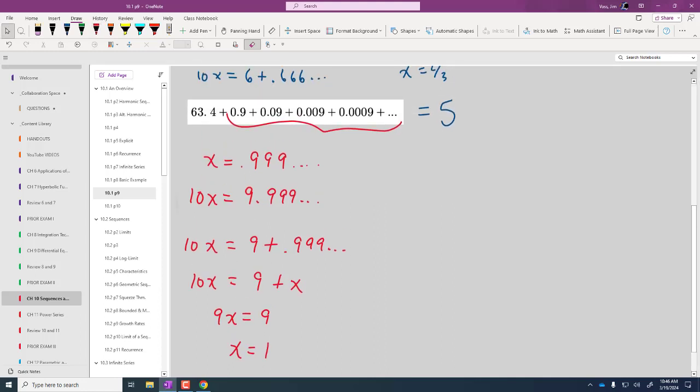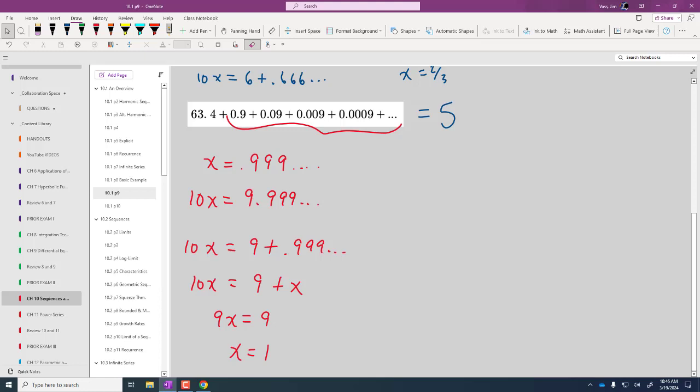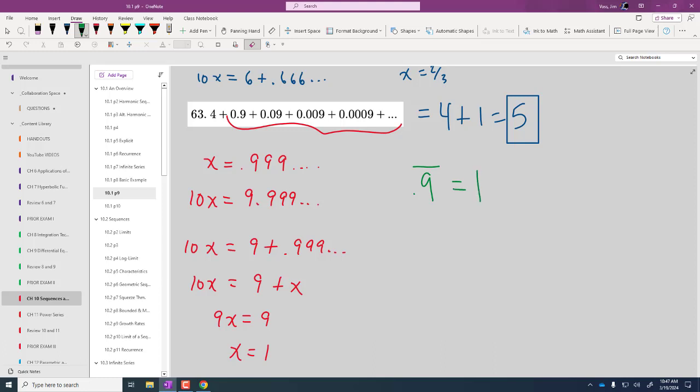So that tells us that if we wrote this in two pieces, this is going to be 4 plus 1, which is 5. So that is what that infinite series converges to. And here is where I was going to say a minute ago: 0.9 repeating is the same thing as 1. Is that because we're evaluating the limit ultimately? These are not equal just because of the limit.